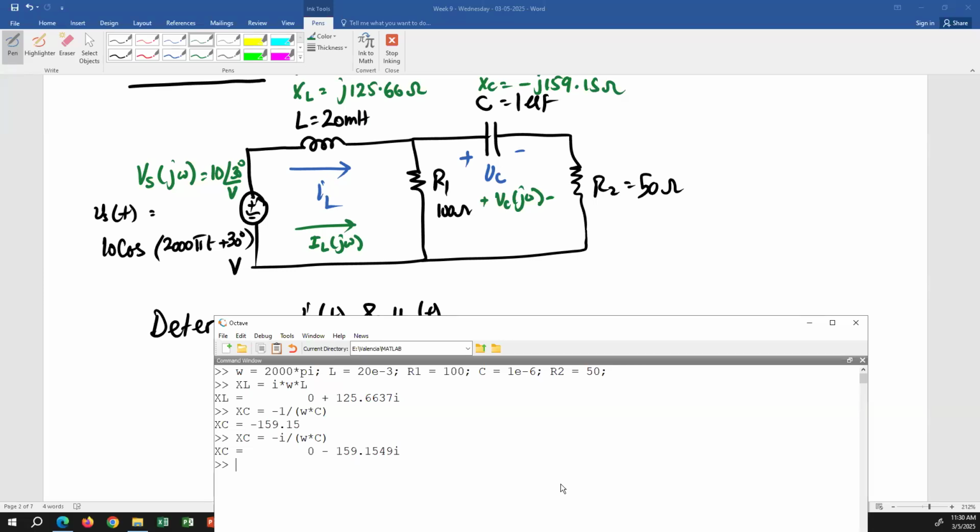Okay, so first we're going to find the impedance. So impedance, I'm going to call it Z. Now, for impedance, who's going to tell me which one is in series, which one is in parallel? Yes, Mike. How am I going to find impedance quickly?